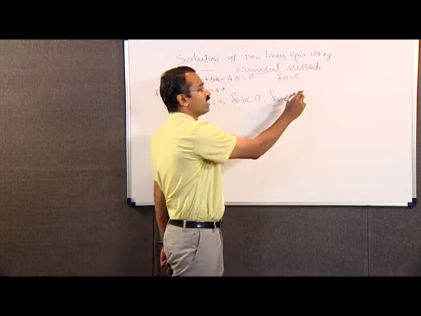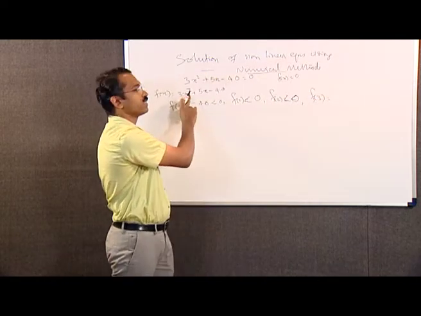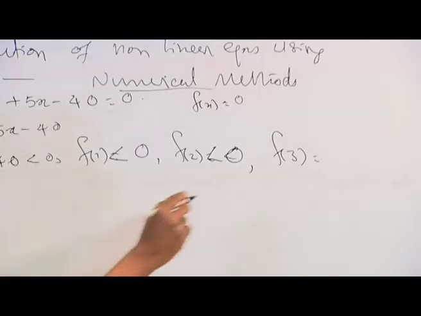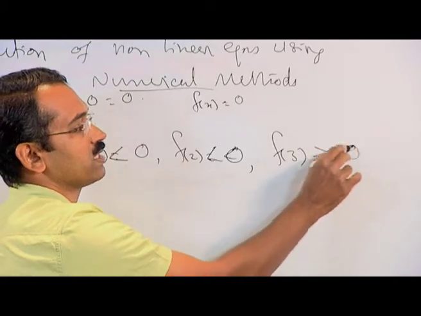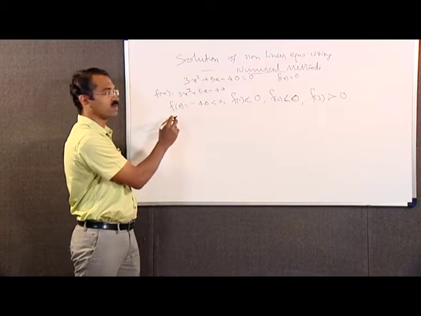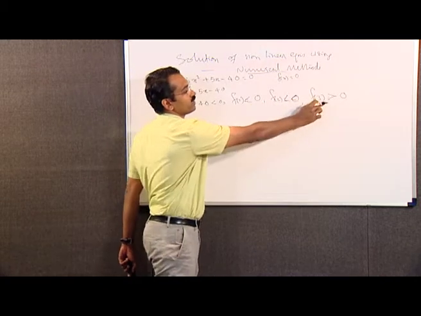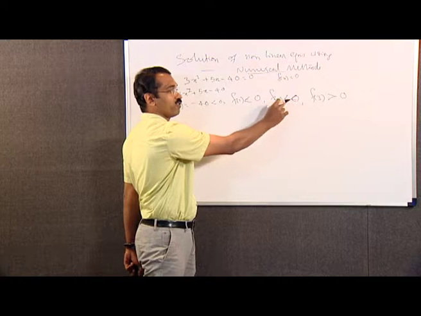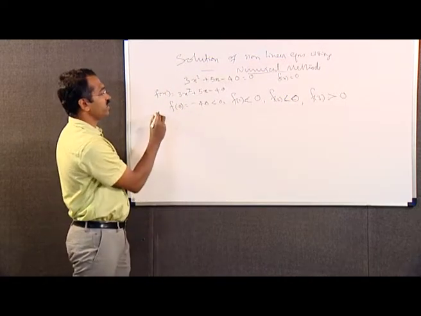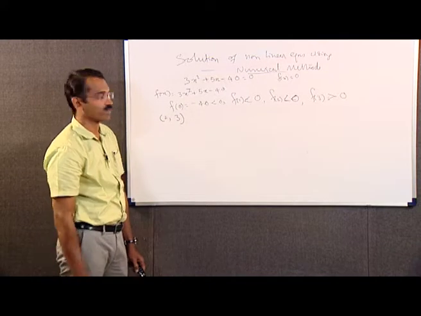Now, f of 3 equal to 3 into 3 square plus 5 into 3 minus 40, which is positive, greater than 0. We can take the interval of approximation as the interval 2, 3, because f of 2 is negative and f of 3 is positive.